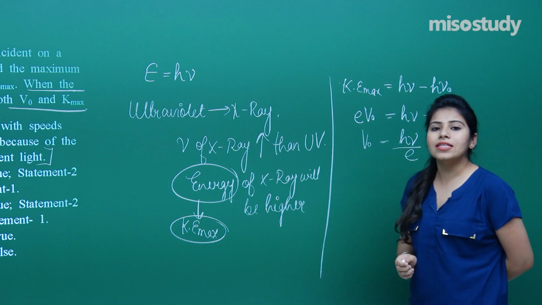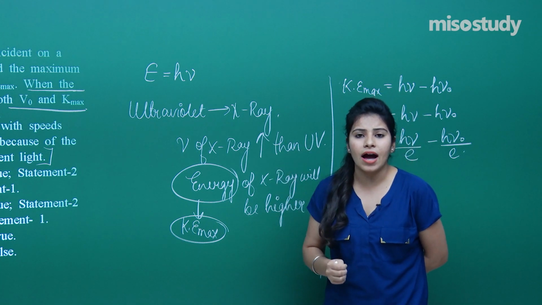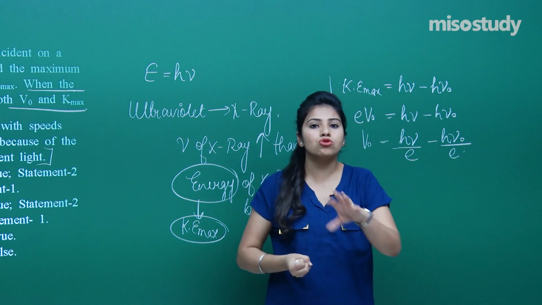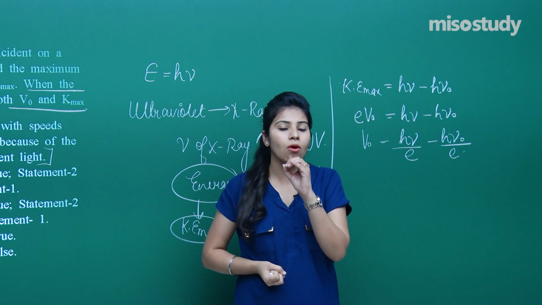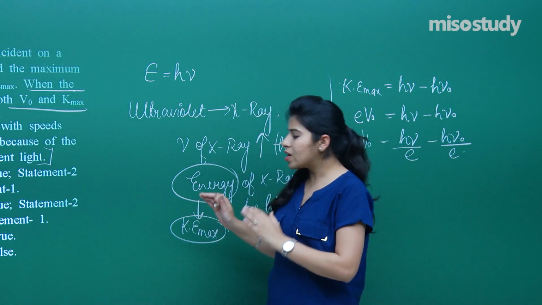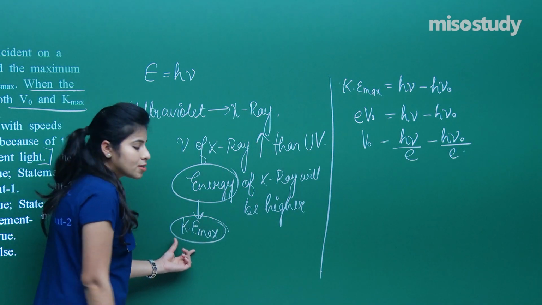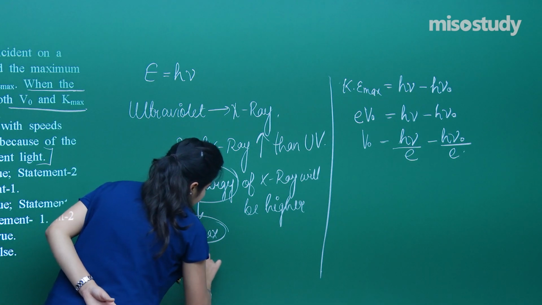Because they are emitted at a higher rate, you need to apply more energy to stop them. That means your stopping potential would also be high. So we can directly conclude that since the kinetic energy is maximum, the stopping potential will be maximum.